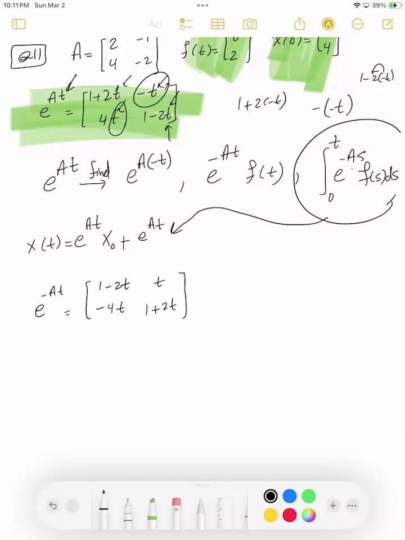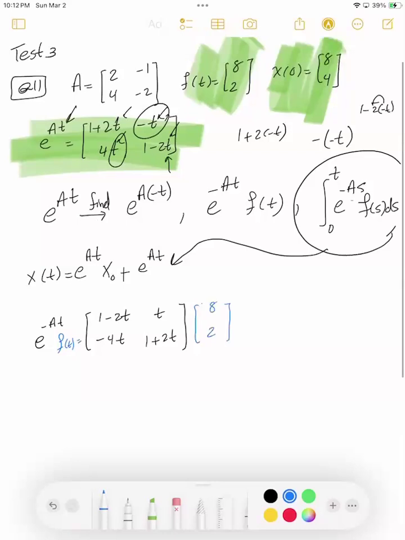Once we have found e to the negative At, we multiply it by f of t, which is 8 and 2.